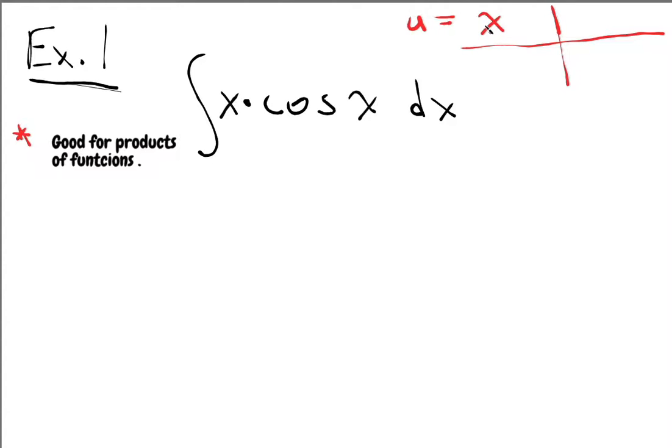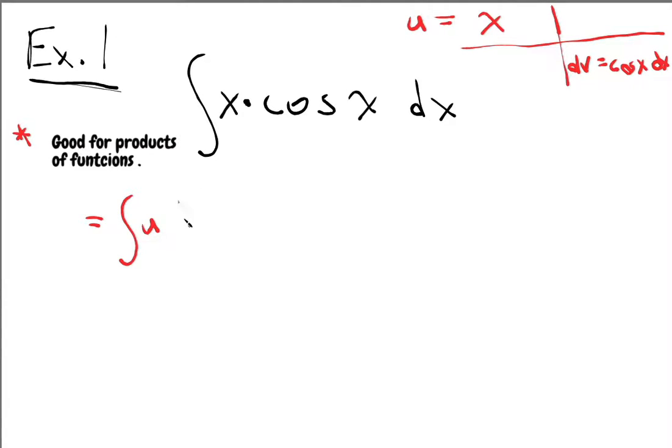Then I need a choice for dv. I'm going to let dv be the other part, call this the differential, and that's always going to contain the dx as well. So I'm going to let dv equal cos x dx. What's that doing? Well, the goal is to rewrite the integral using our formula for integration by parts.